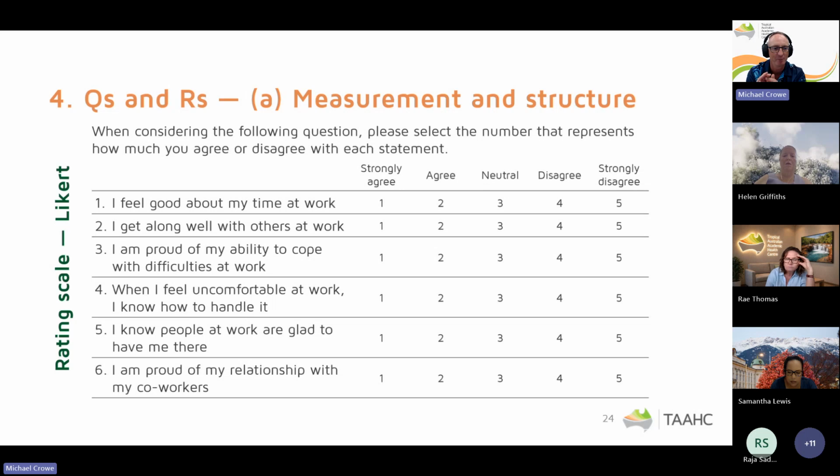So a Likert scale is designed so that you can add everything up, whereas adjectival scales, you can't, because they're about different things. All of these questions, for example, here are about work, basically. Now, are they about work in a way that would satisfy a psychometric test? No, they're not. But at least they're all related to one concept that's called work.